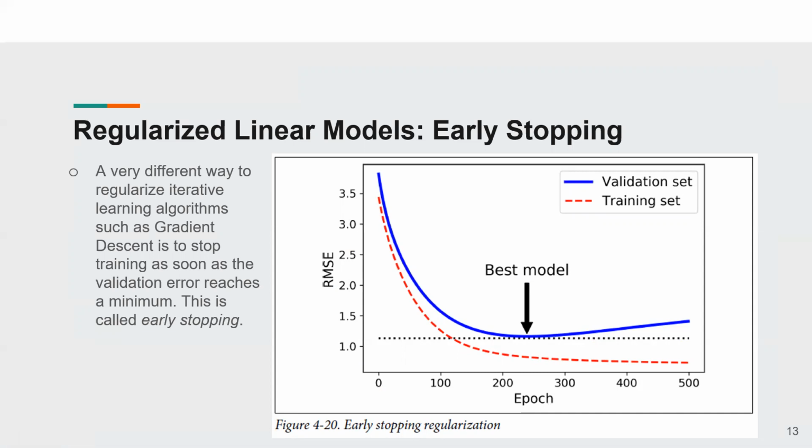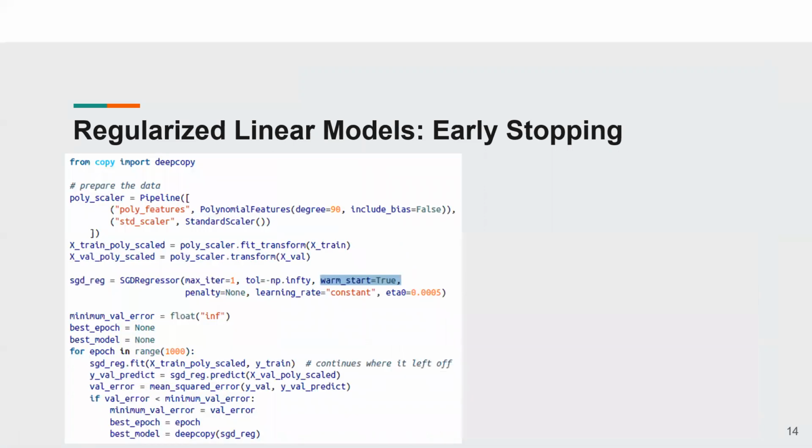So how exactly can you do this? In scikit-learn, it's as simple as, for example, using the SGD regressor and adding the extra argument warm_start equal to True, so that the regularized linear model would do early stopping. It would stop once this is detected.